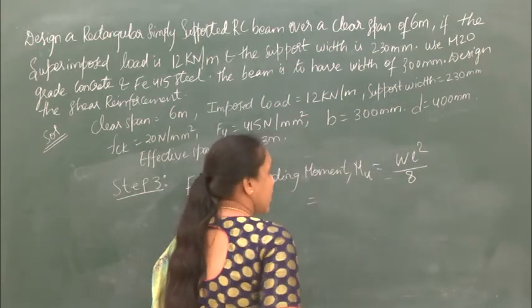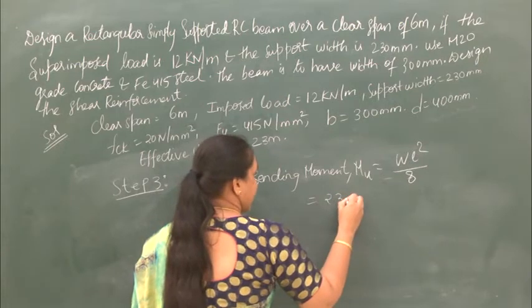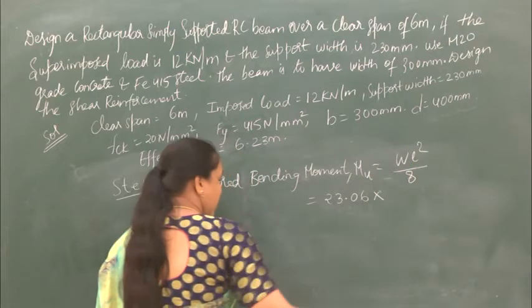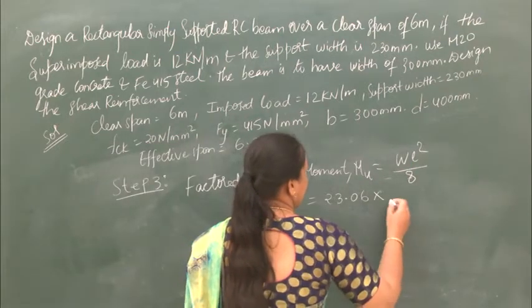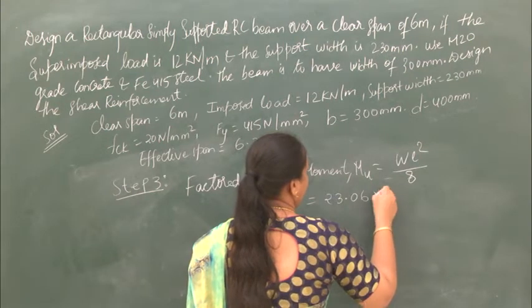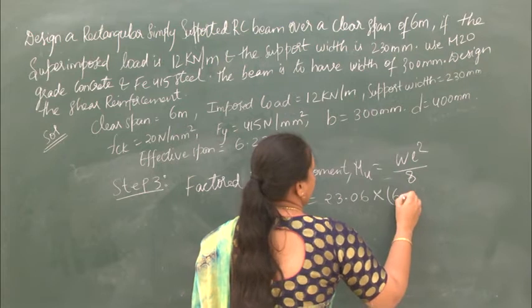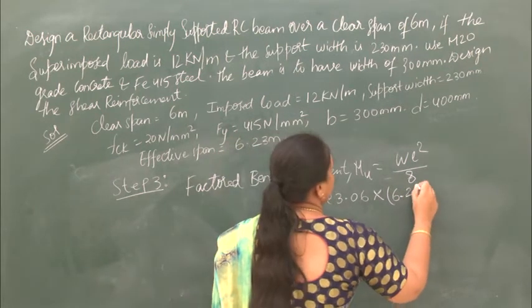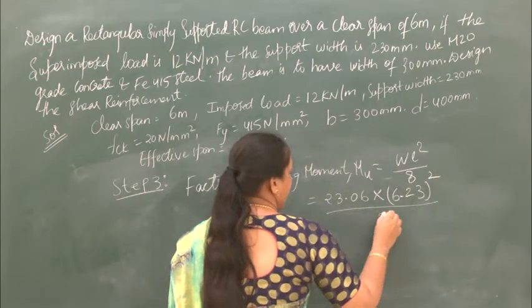W here is nothing but the factored load, which we got as 23.06, into L. L is nothing but the effective span, which is 6.23, whole square, divided by 8.